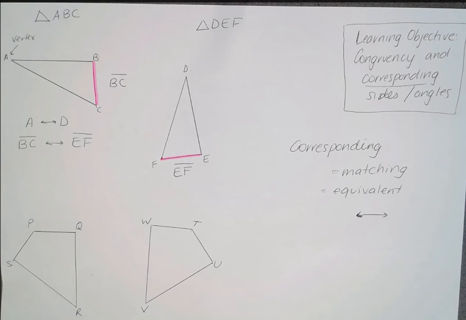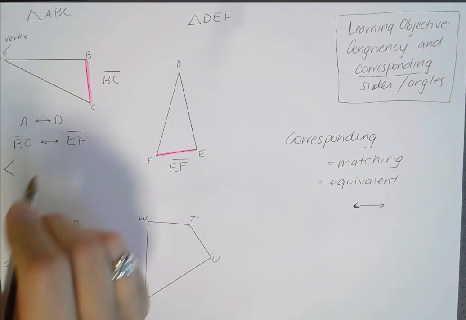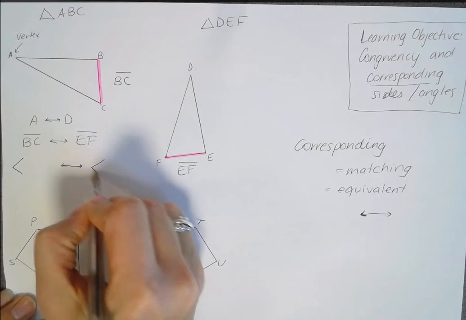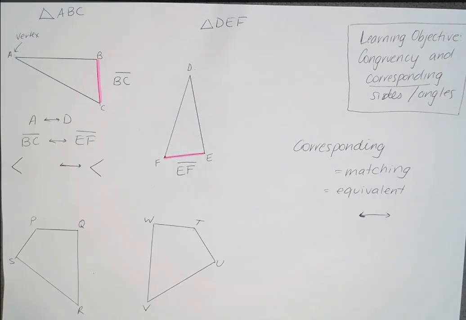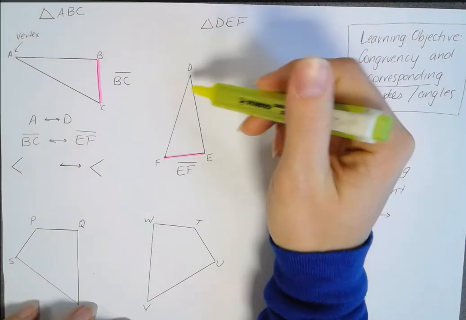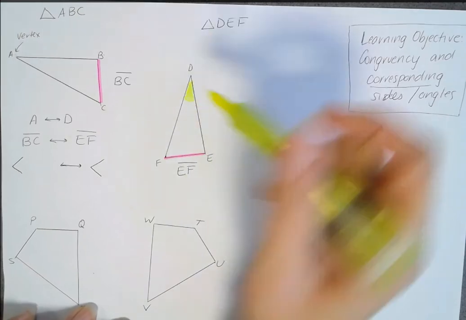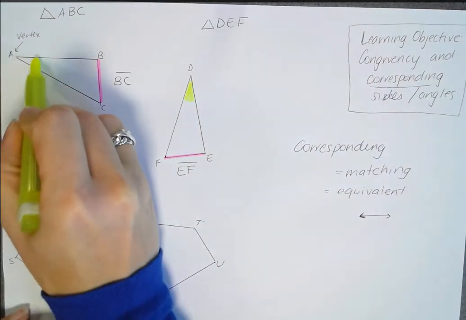So we don't just look at vertices or sides, we also look at angles. And the way that we draw the angle symbol is like this. So we're going to find an angle that corresponds with another angle. Angles are named using the letters as well. So you will still see these letters in use. Let's talk about this angle here, this corner angle and the pointy end.